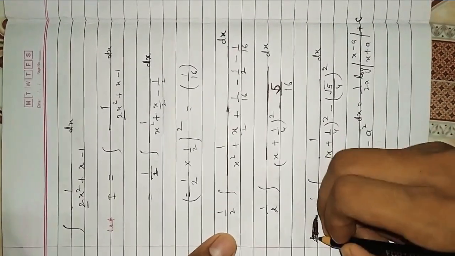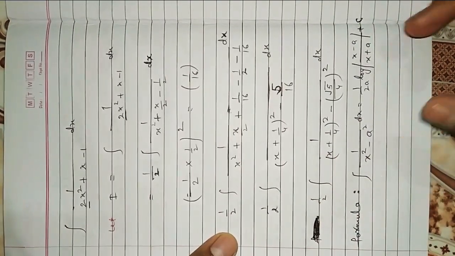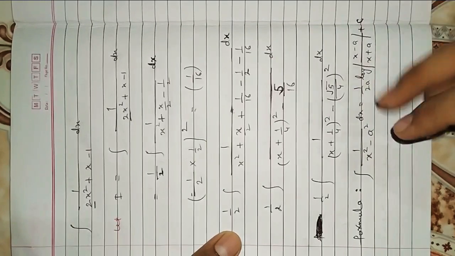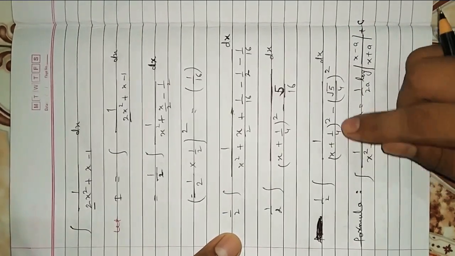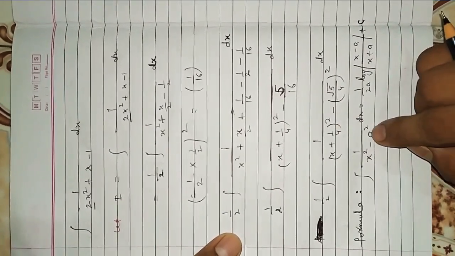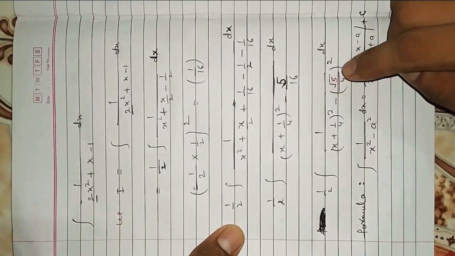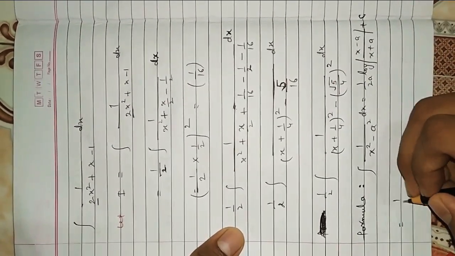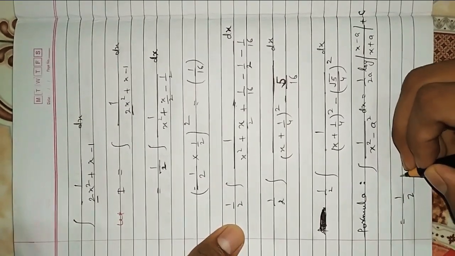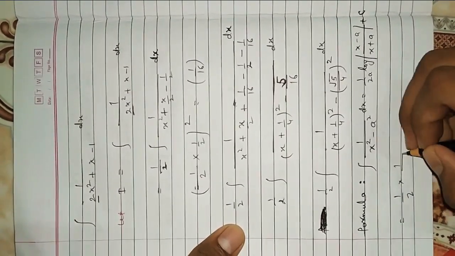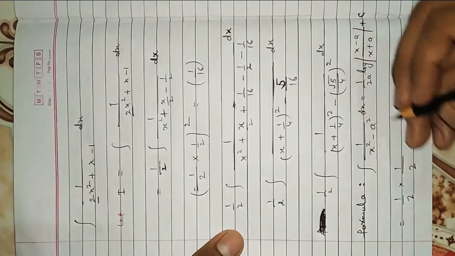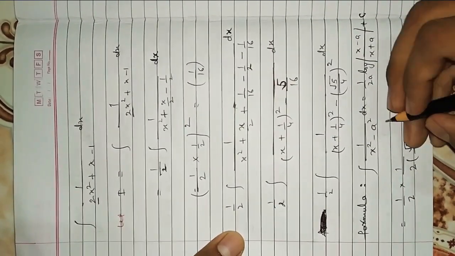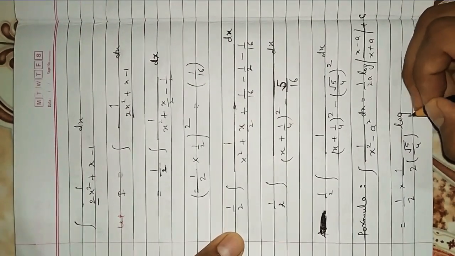So directly I am going to substitute in this formula. You can see here the same terminology. In place of x you have x plus 1 by 4, and in place of a you have root 5 upon 4. So directly you will get 1 by 2 into, what is a, root 5 upon 4, into log.